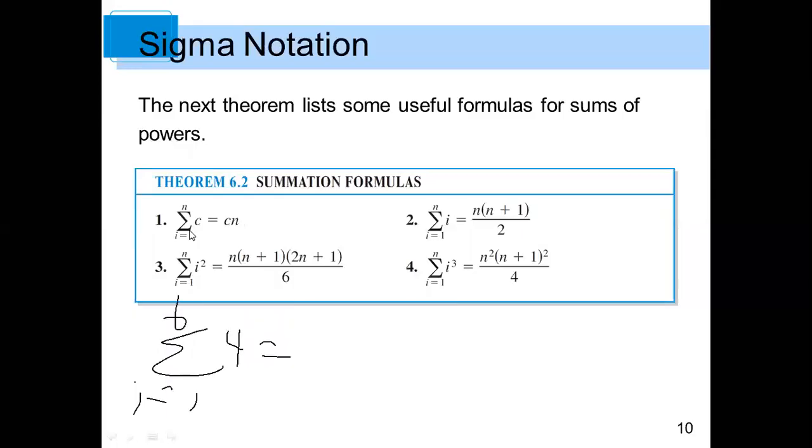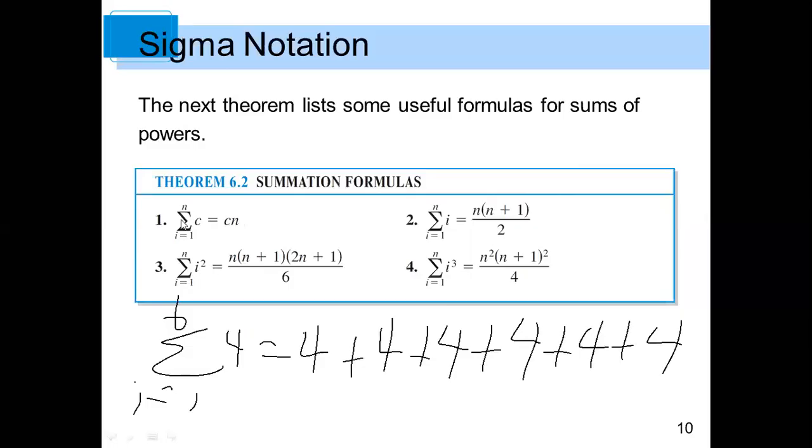That means the first term is just going to be 4 plus 4 plus 4 plus 4 plus 4 plus 4, because there's no index of summation. Okay? Just a constant. Well, if the sum starts at 1 and it goes to n, like in this case, it started at 1 and went to 6, you're just adding 6 4s together. Well, that's like quick addition is multiplication, so 6 times 4.